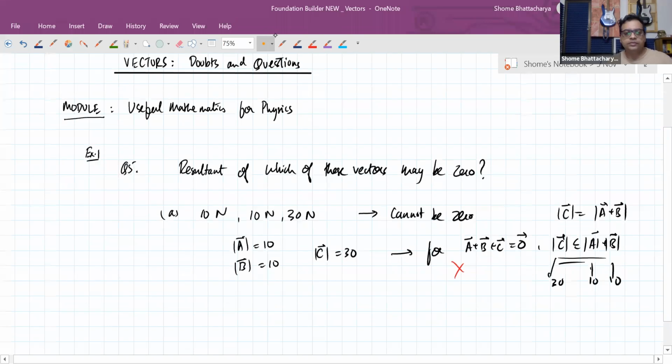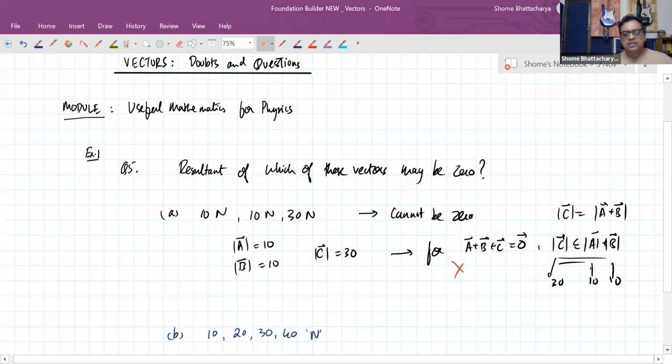Now likewise, if you check out one more option, let us see this option B. In option B, what is happening? The magnitudes are 10, 20, 30 and 40 newtons respectively. Okay.